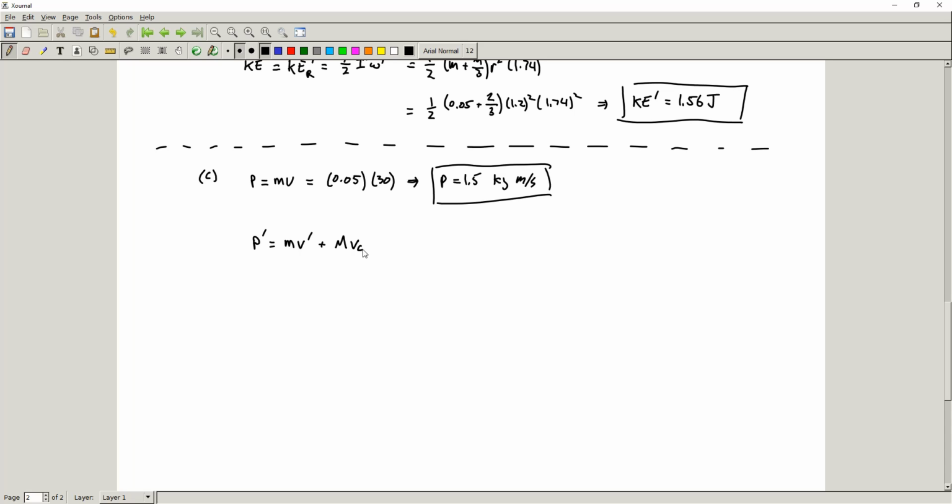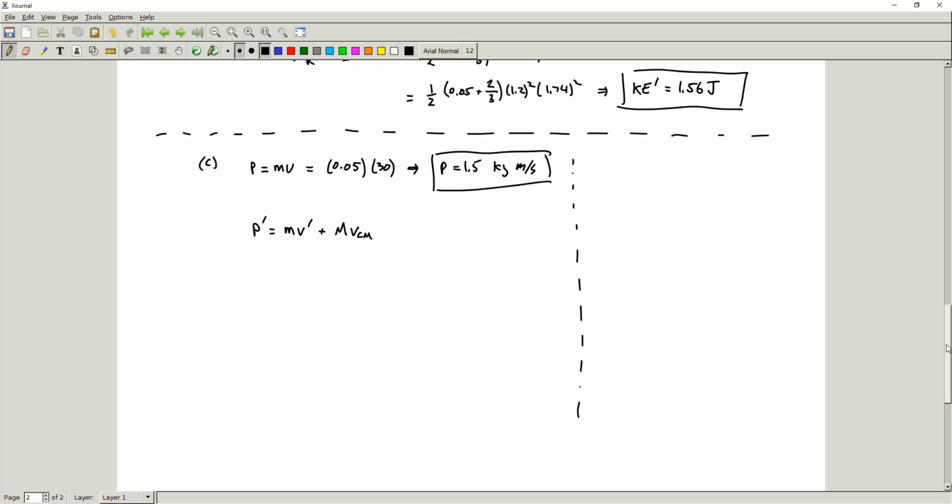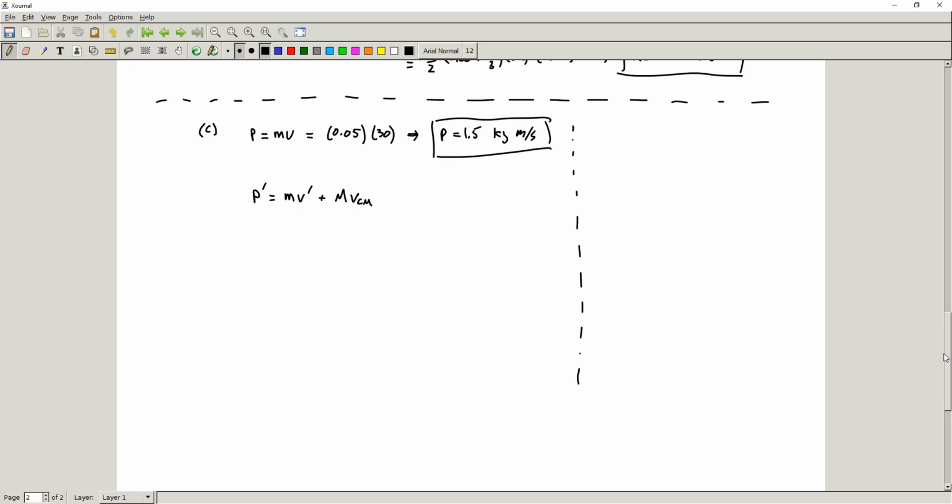So I'm going to write VCM. And what is the center of mass velocity? So imagine, I'm going to do a little aside thing here. Imagine that we have our stick here. It's nailed to the table at one end, and so the disk hits this side of it, and the tangential velocity at this edge is some v, right?